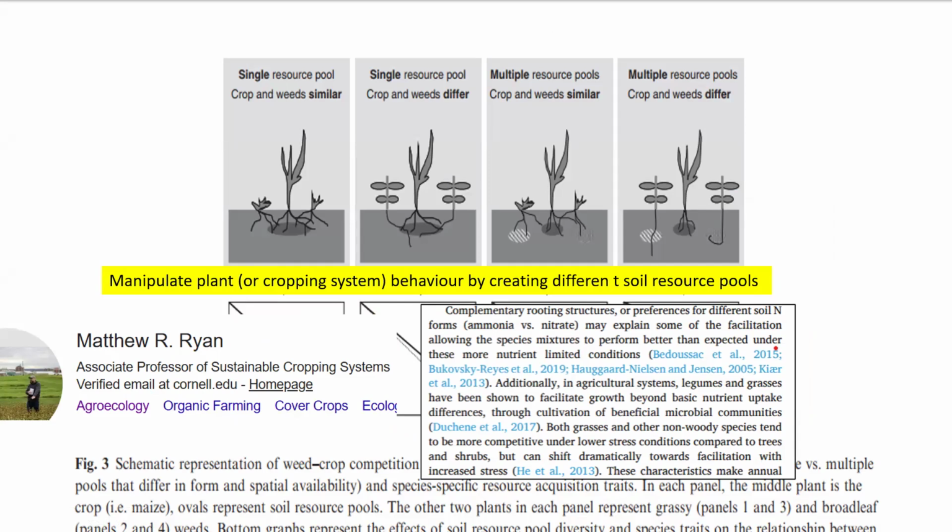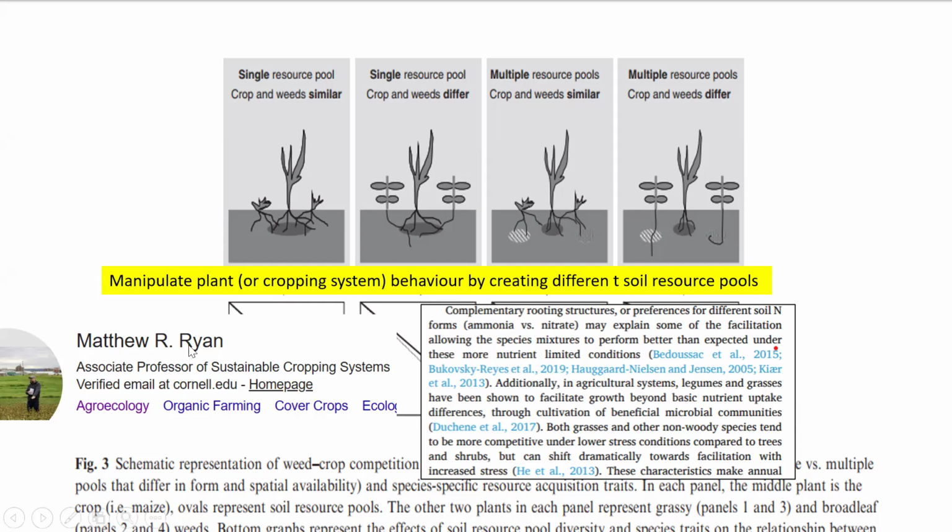Now, this is a complicated sort of diagram. And if you want to learn more about the whole area of resource pool, Matthew Ryan at Cornell University has worked a lot in this area.